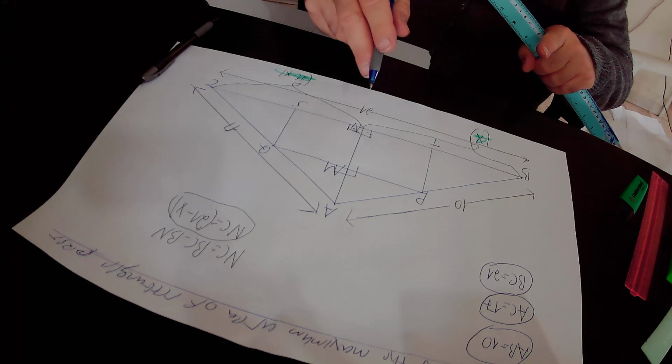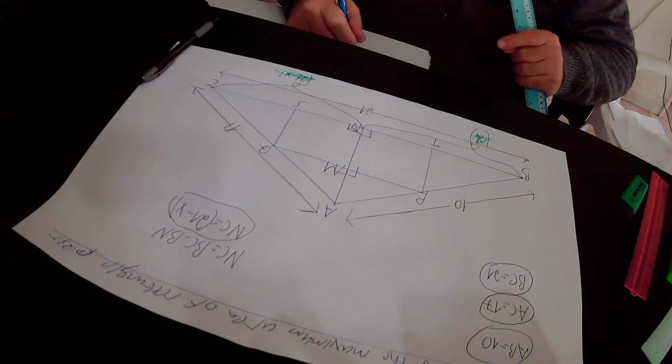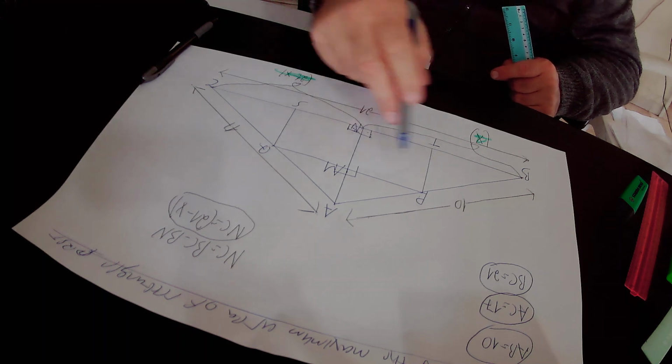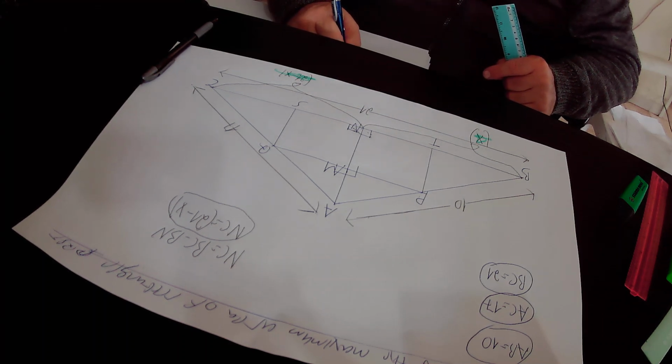Side BN of the right triangle ANB equals x according to our definition. The hypotenuse AB equals 10 units according to what is given in the question.